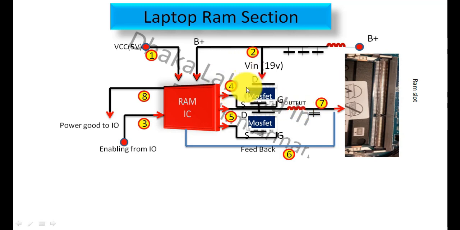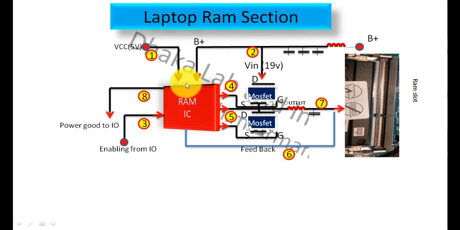And these are the steps for the laptop RAM section. There are many things here which we should always maintain. We should always watch this, and it will be very helpful.